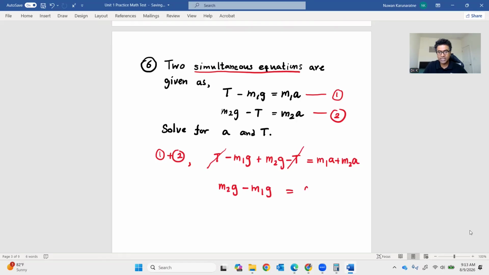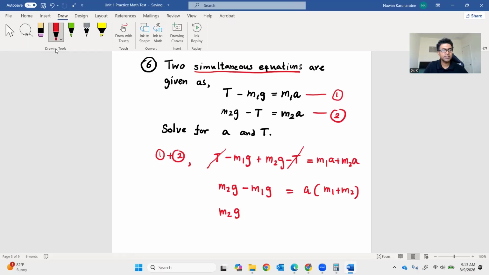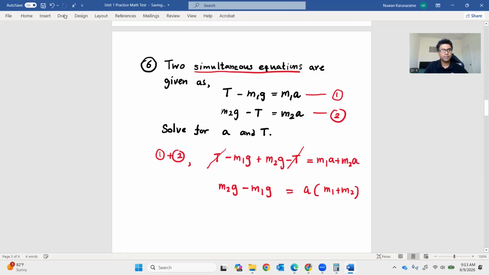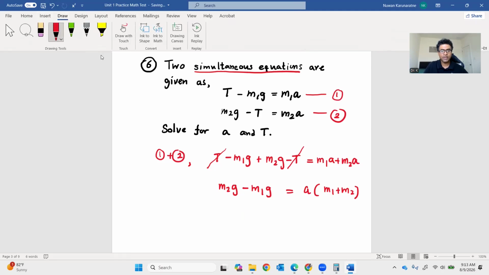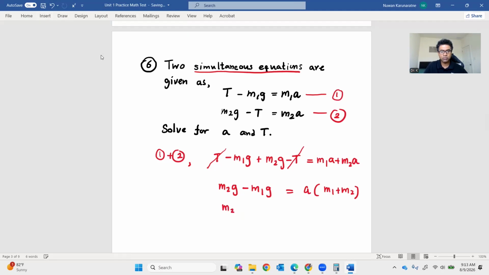I'm going to factor out that a times m1 plus m2. And then I can even factor out a g here. So I'll factor out the g: m2 minus m1, times g, equals a times m1 plus m2.